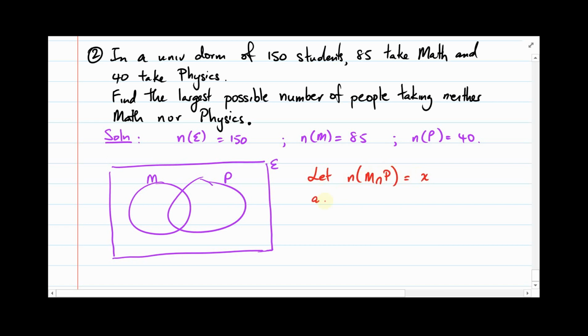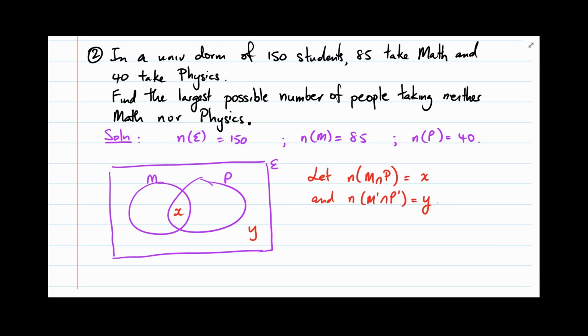And we can also say let the number of people who do neither subject be equal to y. So I have y out here, and here is x.